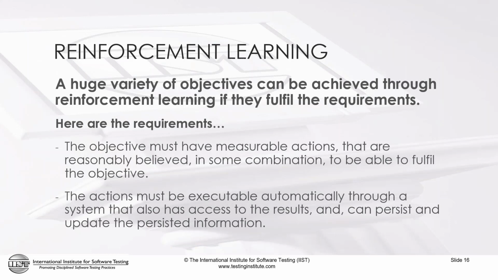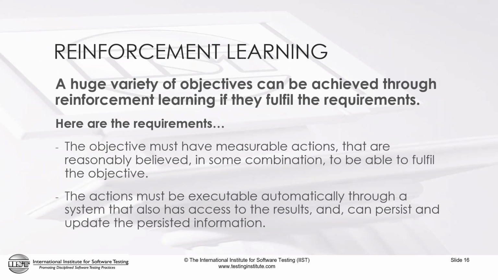So in the case of the frozen lake, because we're in a two-dimensional grid, and because we move from square to square, and we have the ability to move in all directions, and the objective, finding the Frisbee, obviously can be achieved by some combination of directional actions, we fulfill that requirement.